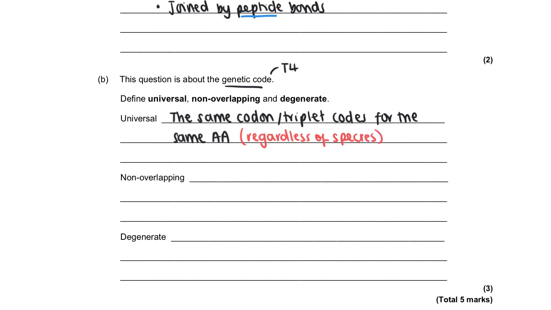So let's say we've got the triplet codon CCC. If, let's say that this produces the amino acid methionine, that same triplet codon CCC is going to produce methionine in E. coli bacteria, in whales, in a holly bush, in a bird, like a hawk or something.